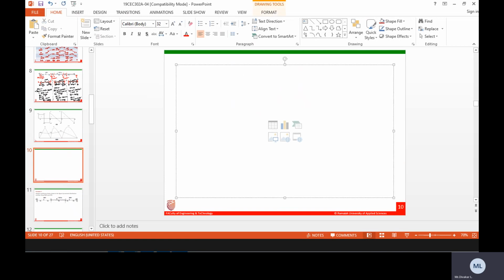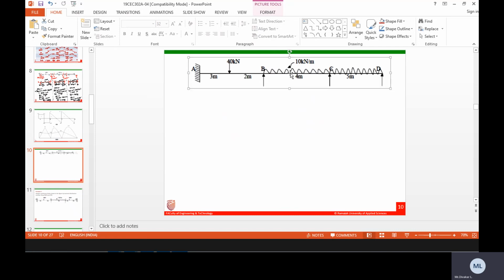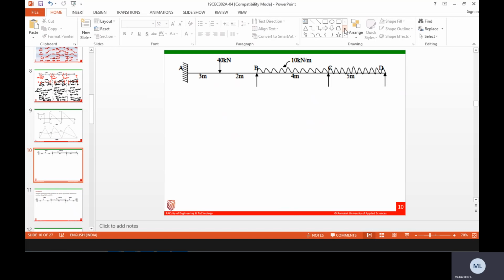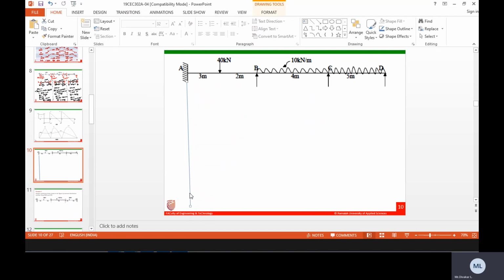I will show you how to show SFD and BMD for the respective sections.